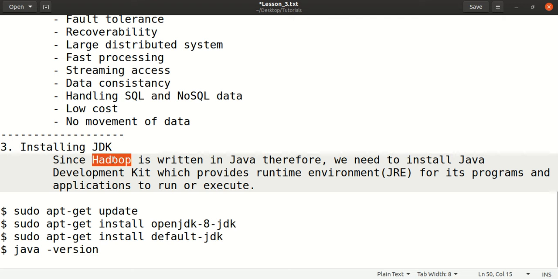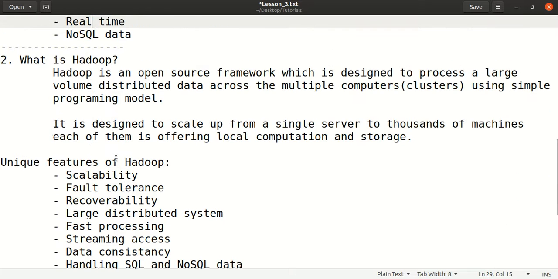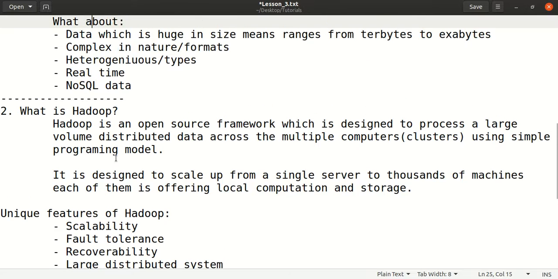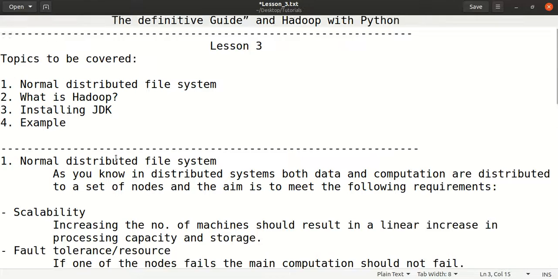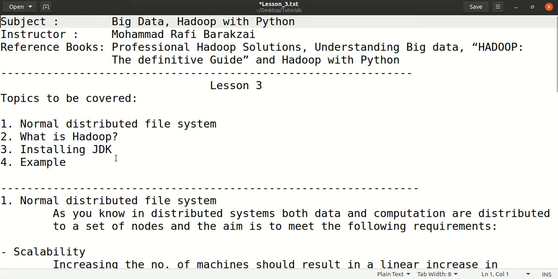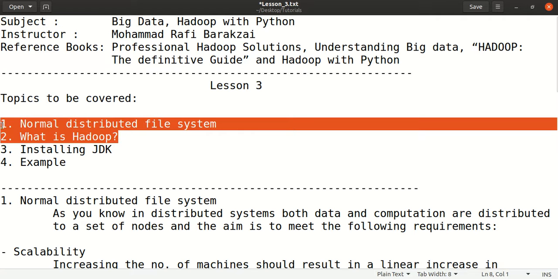Then we talked about the normal distributed file system and the Hadoop environment, and I told you the difference between them. All those things you have to understand. So I hope you understood this much, friends.